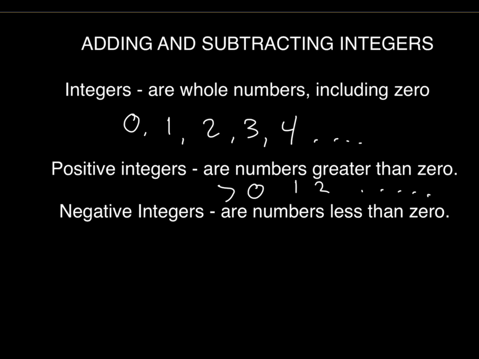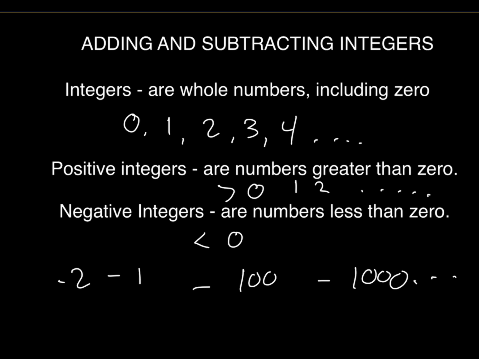And negative integers are the numbers less than 0. So like negative 1, negative 2, negative 100, negative 1000, and so on. Those are the types or kinds of integers.